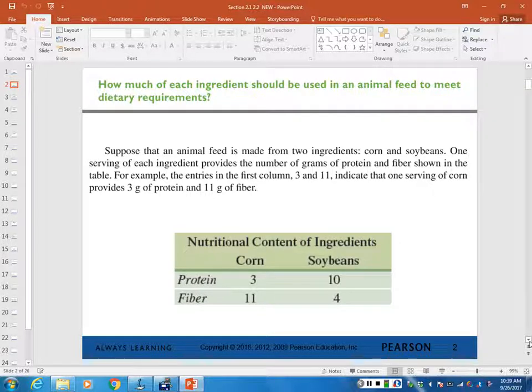And one serving of soybeans provides 10 grams of protein, which is, of course, lots more than the corn, but only 4 grams of fiber. And since, say we were feeding cows, they need protein to produce milk. They also need fiber to keep everything moving through their digestive system.